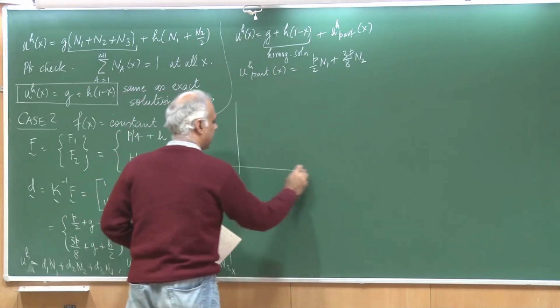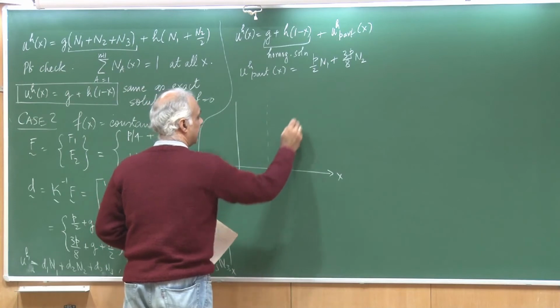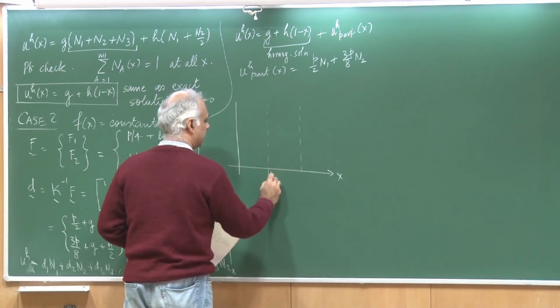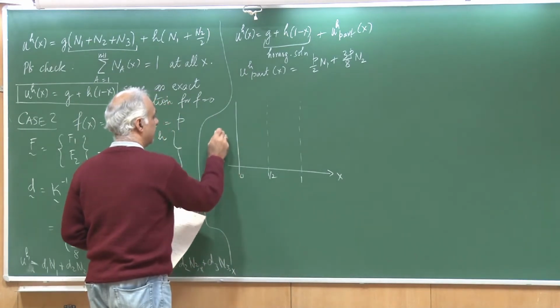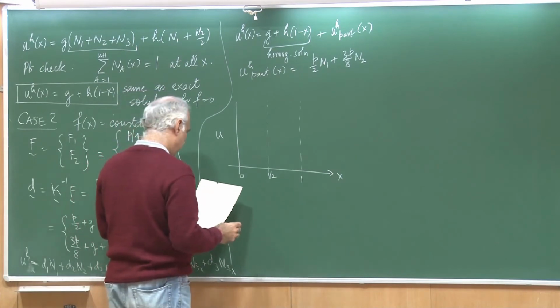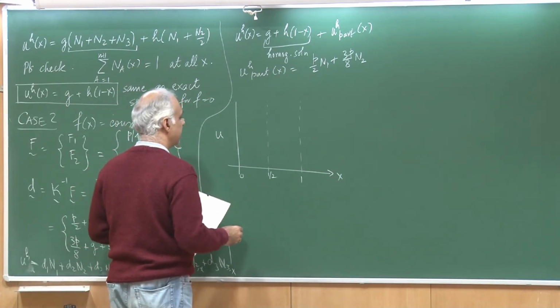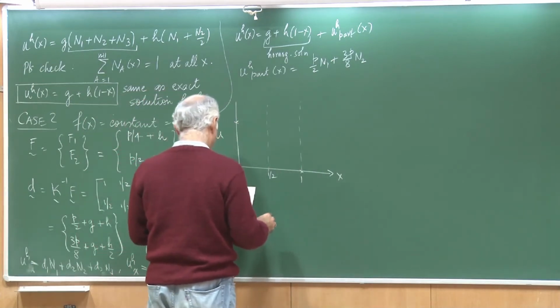So, again I draw the x axis. This is a half, this is 1, this is 0, and this is u. So, if you look at the exact solution, that now looks quadratic.